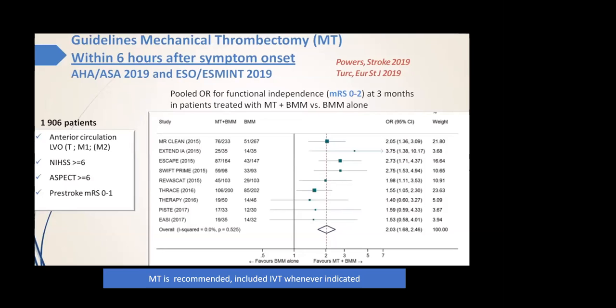Across all the trials, at 3 months on the mRS score, those treated with mechanical thrombectomy show a more favorable outcome compared to those receiving best medical treatment alone.